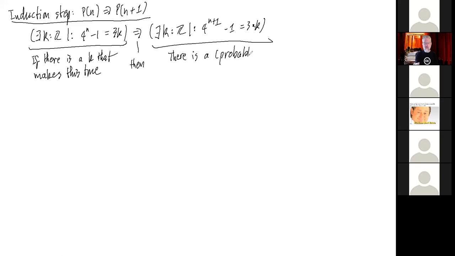Doesn't have to be, but I'm not sure I can think of an example where it wouldn't be, that makes this true. Okay. So we're saying if we can find a k that works here, then there is some other k that makes this work.